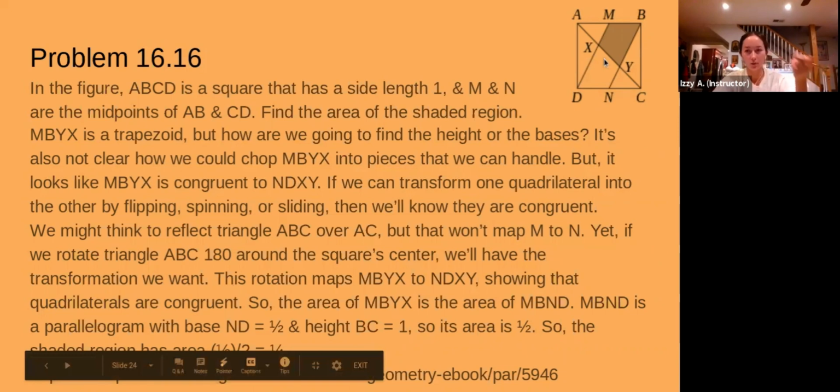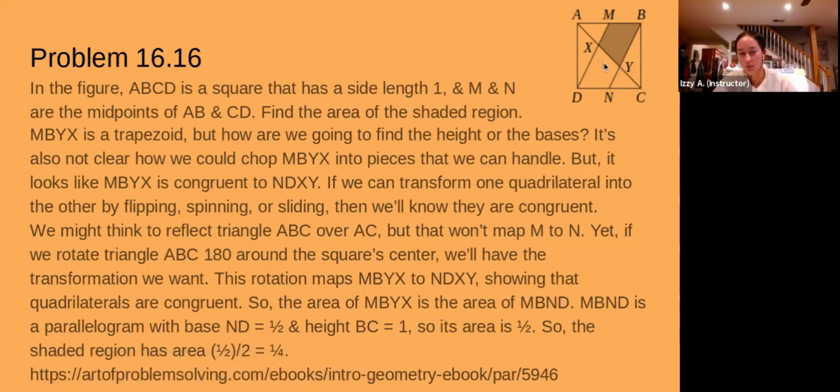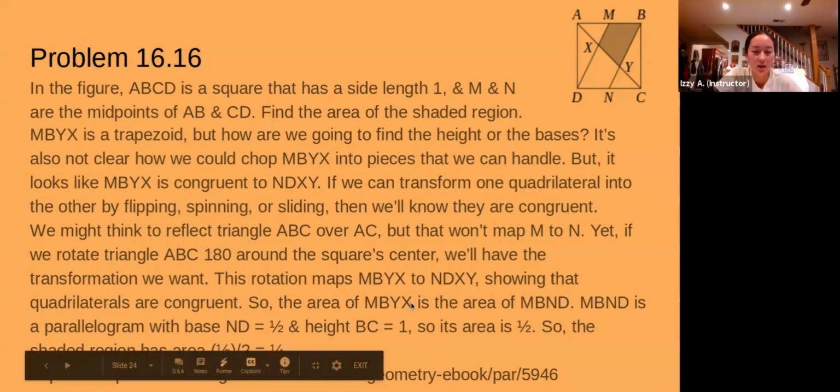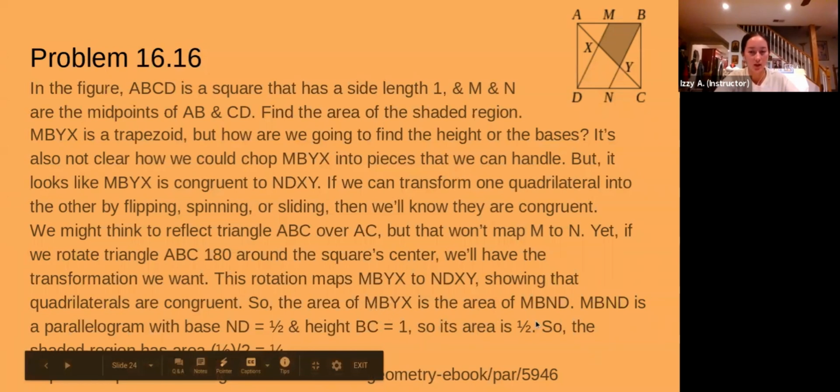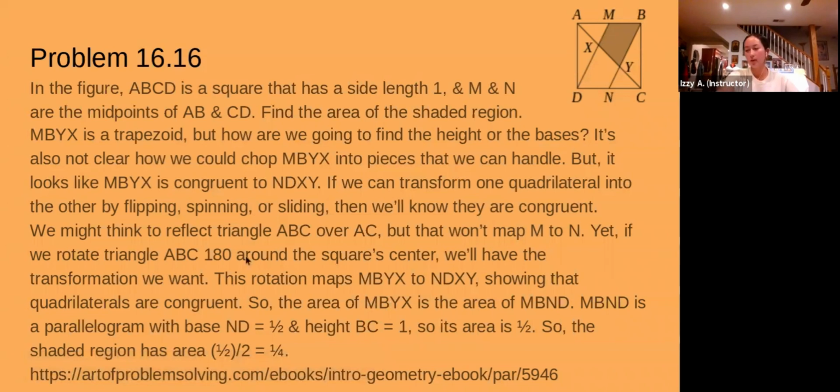Or the quadrilaterals, I guess, because we don't exactly know if these are trapezoids, but they look like trapezoids. So the area, as Alvin was talking about, of MBYX is half the area of MBND. MBND is a parallelogram with base ND, which is 1/2, and height BC is 1, so its area is 1/2. So the shaded region has area 1/2 divided by 2, which is 1/4. So that's how you would have gotten the answer. Good job, Alvin.